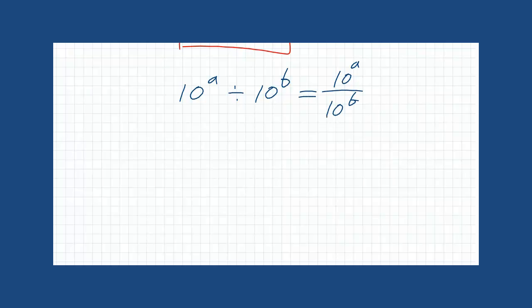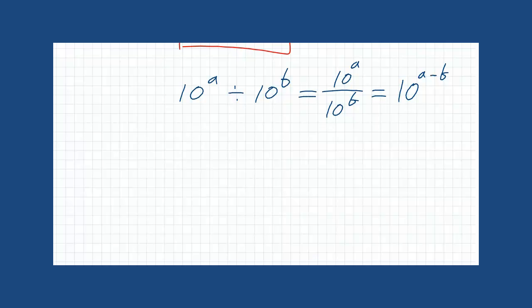But if we divide powers of 10, we should subtract the exponents. For example, 10 to power a divided by 10 to power b, or if we wrote it in this form, the answer is going to be 10 to power a minus b.